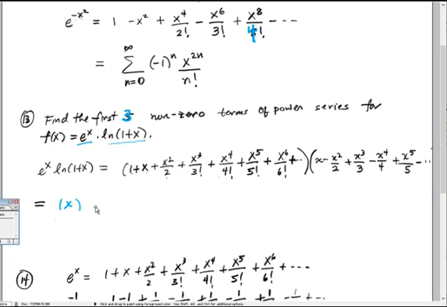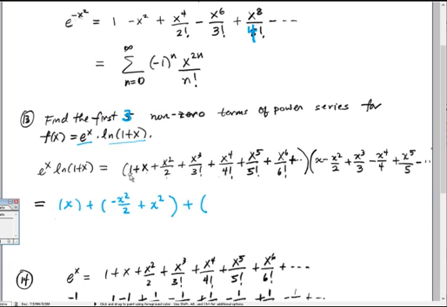I'm going to put the x terms and the x squared terms within parentheses. Now for the x squared terms, we'll start with 1, and we have 1 times minus x squared over 2. Then move to x, and we have x times x. So this is how we do this systematically. Move to x squared over 2, and we don't get anything. So that's the x squared terms, and now we're going to the x cubed terms.